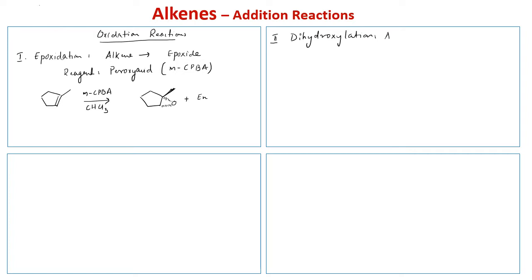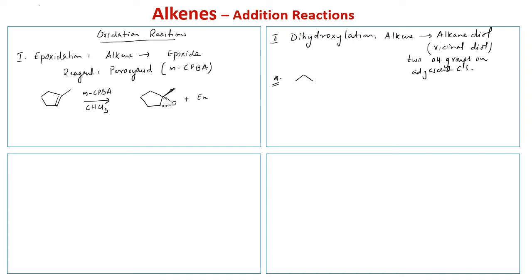What this reaction does is it converts an alkene into an alkane diol, or better, we should be calling it a vicinal diol. This is when you have two hydroxyl groups on adjacent carbons. We can do this two ways, and it gives us two products actually.